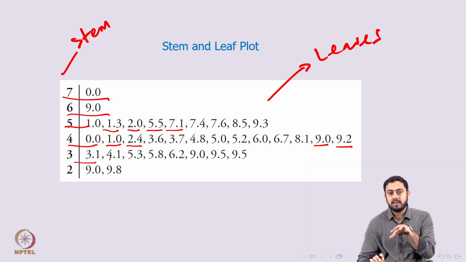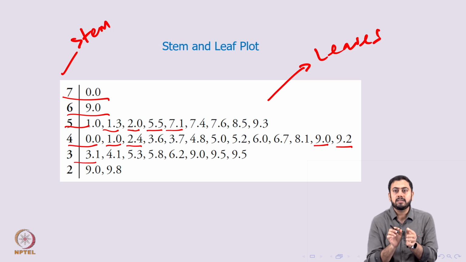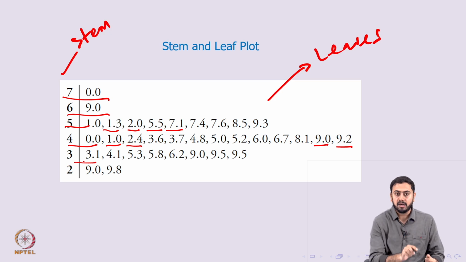So you simply attach the leaves to the stem and treat it as a single number. So 33.1, 34.1, 35.3, all the way up to 39.5, and lastly 29, 29.8.